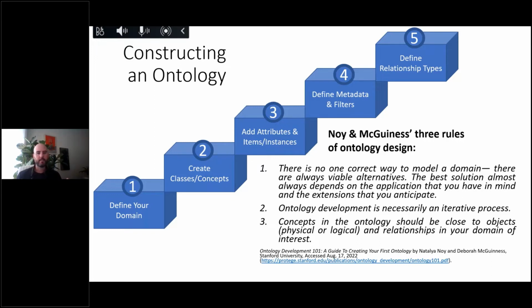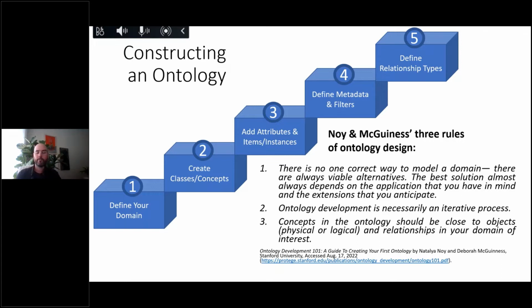Someone might be able to create a totally different ontology that also meets those requirements, also anticipates the future needs, and might be totally different. So there's no one correct answer here, and that's important to remember when you're defining your own ontology.